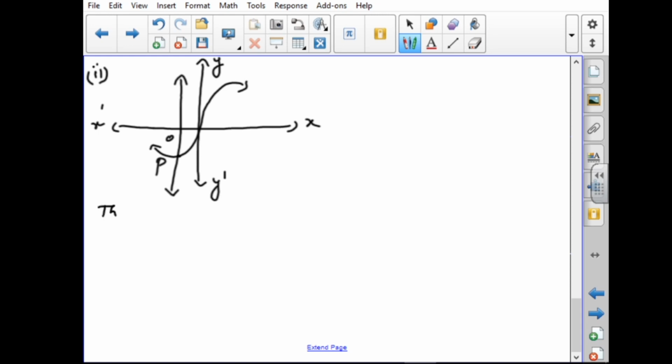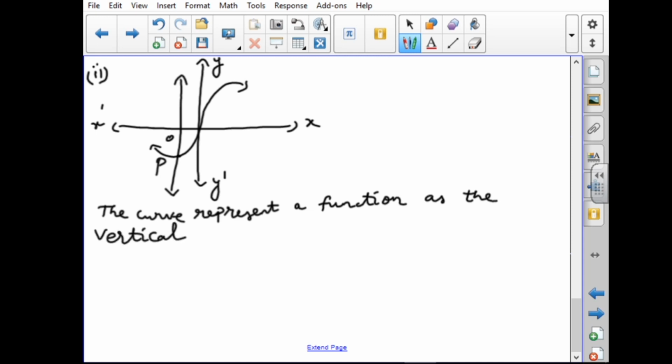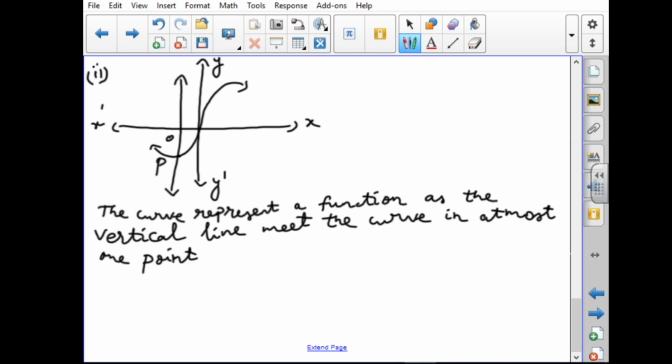You have to write the condition the same. The curve represents a function as the vertical line meets the curve in at most one point P. Okay.